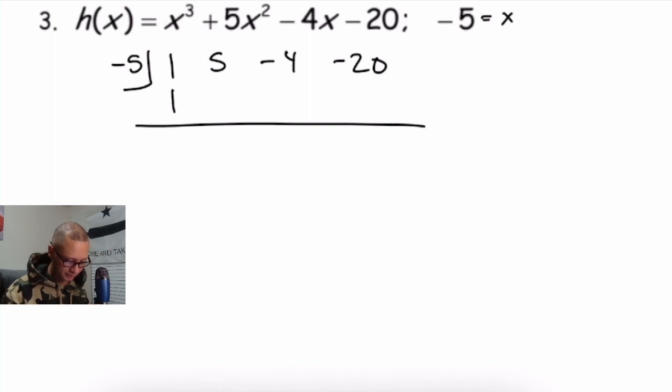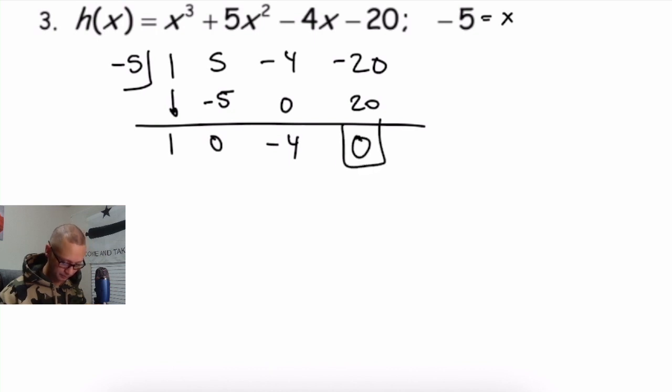Start the process. Bring down the 1. We multiply -5. We add. That's nice. When we multiply, we add -4. When we multiply times -5 is +20. When we add, we get 0.